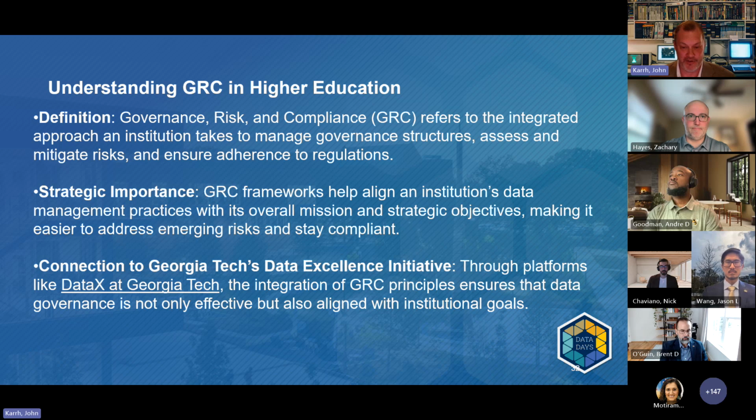Doesn't mean we do it ourselves, but we are partners with a lot of the other units within OIT and cybersecurity, as well as around the entire institute. The strategic importance of that is that the GRC framework aligns with the institution's data and management practices, in regards to the overall mission of the institute and our strategic objectives.